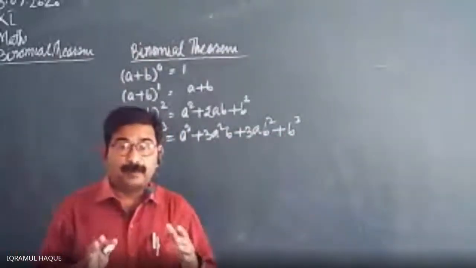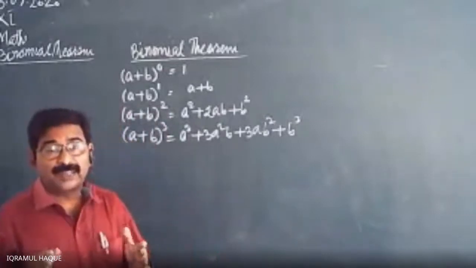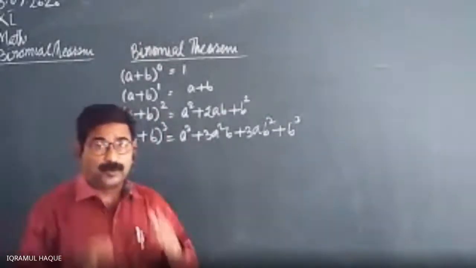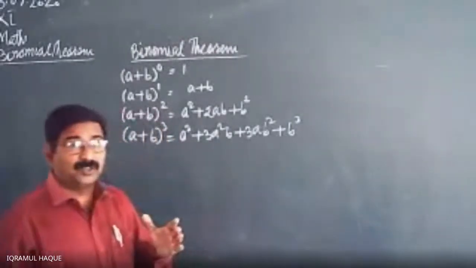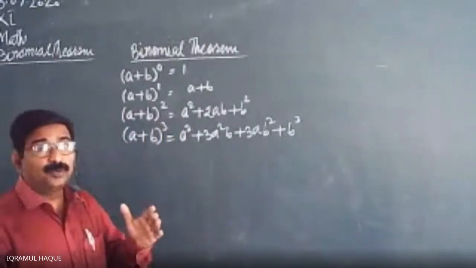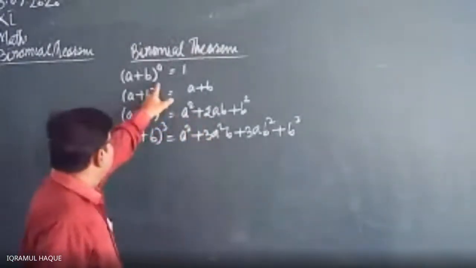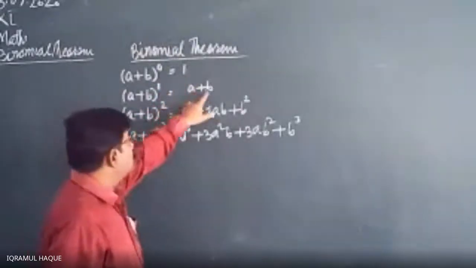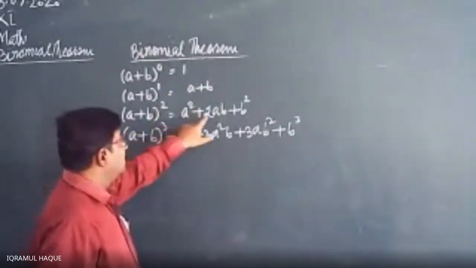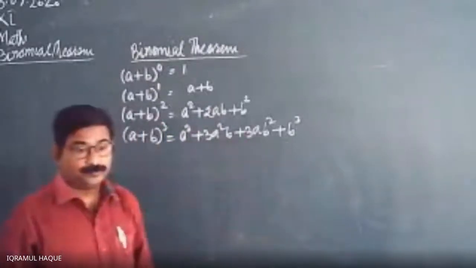Means number of terms in the expansion is one more than that of the exponent. Whatever exponent is, the number of terms is one more than that of the exponent. Here we have 0 exponent to 1 term, 1 exponent to 2 terms, 2 exponent then 3 terms, exponent is 3 then 4 terms, and so on.